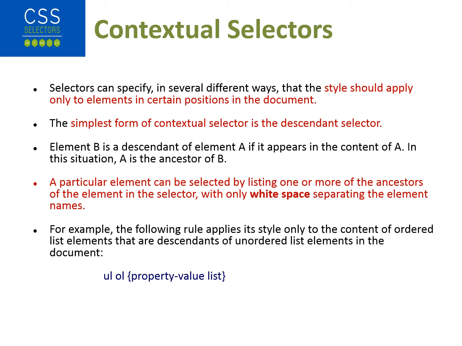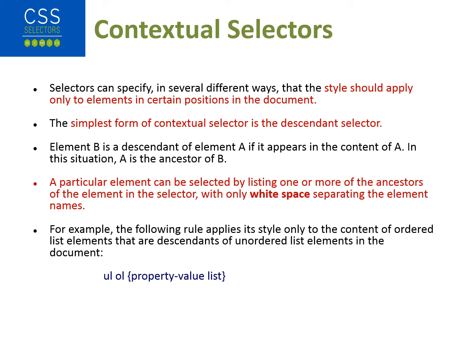Element B is a descendant of element A if it appears in the content of A. In this situation, A is the ancestor of B. So the contextual selector should apply only to the elements in certain positions in the document. This is known as descendant selectors. Element B is a descendant of element A if B appears in the content of A. Then we say that B is the descendant and A is the corresponding ancestor.